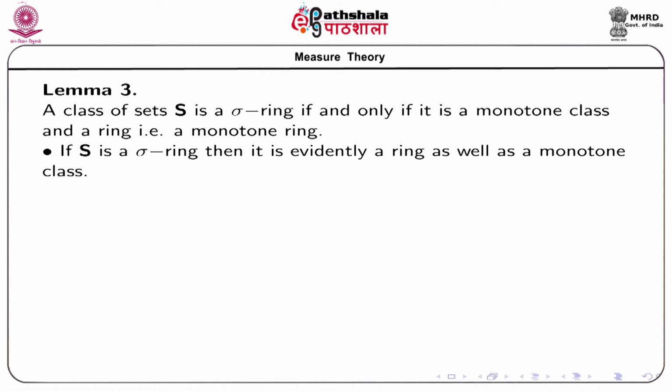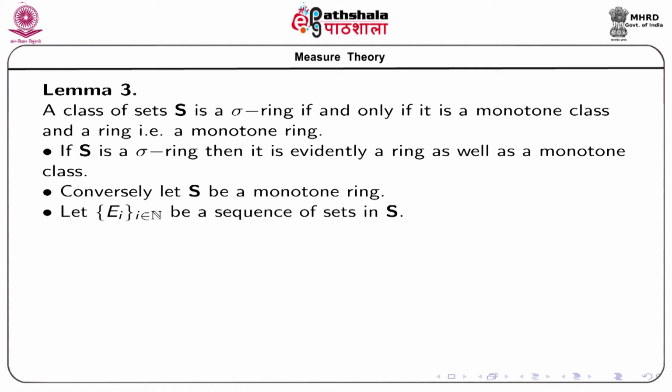Also, it is a monotone class, because a sigma ring is already closed under countable union as well as countable intersection. Conversely, suppose that S is a monotone ring. Since it is a ring, it is already closed under difference. So, we have to show that it is closed under countable union.